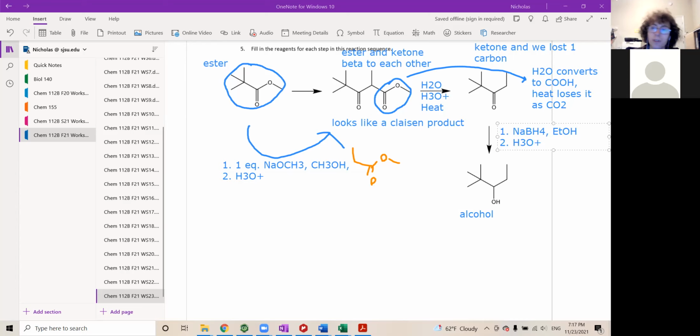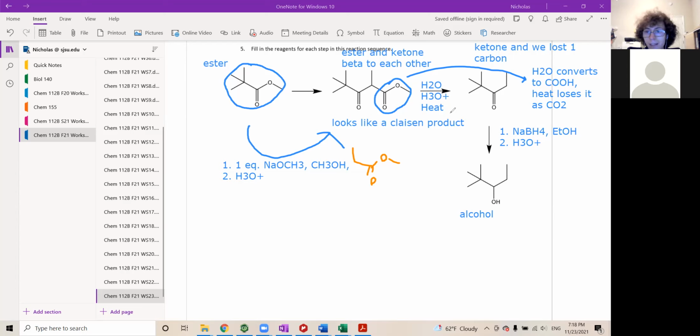And it's important to remember the second step because if you go over the mechanism of this, which might be good to review since it's been a while, when you add the NaBH4, it leads to an alkoxide. So without adding acid, you'd be stuck with a negative charge. And you never want to be stuck with a negative charge.